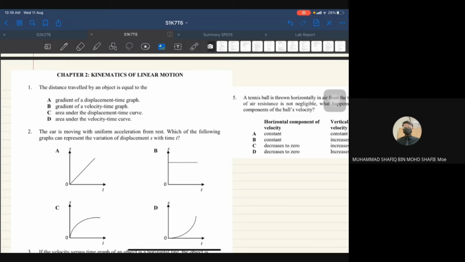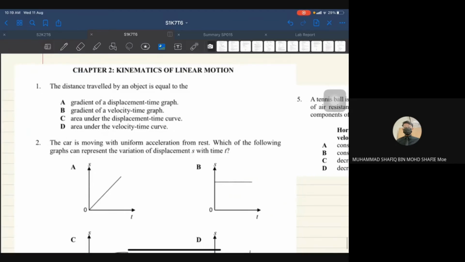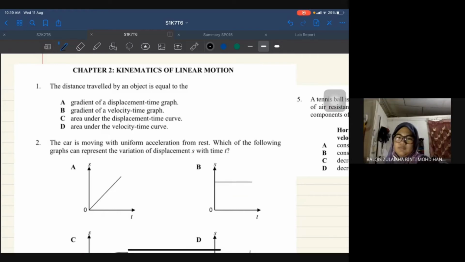Okay, so the first question, boleh nampak tak? Okay. Question 1. The distance traveled by an object is equal to the... So this one they ask you about the graph. Okay. So like I told you before, if you have S, V and T, so this one is S against T graph, V against T graph, and sorry, last two, A against T graph.